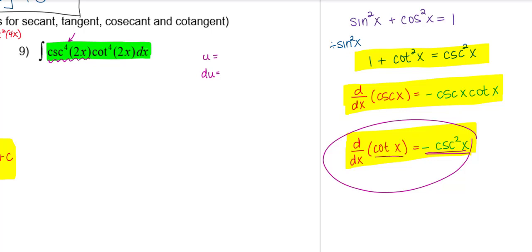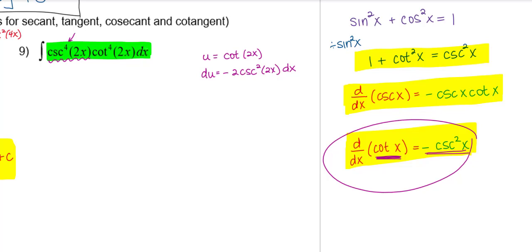So I'm going to say let u be cotangent of 2x. That way my derivative becomes negative cosecant squared of the angle, which would be 2x, but I also have to use the chain rule and multiply by 2. So this derivative becomes negative 2 cosecant squared 2x, and don't forget your dx.